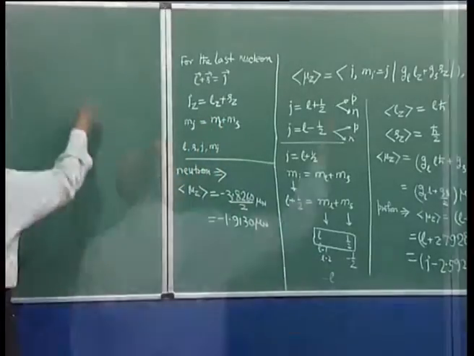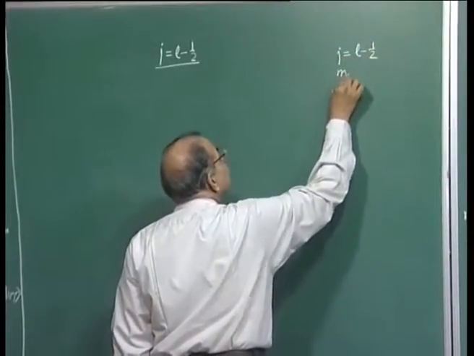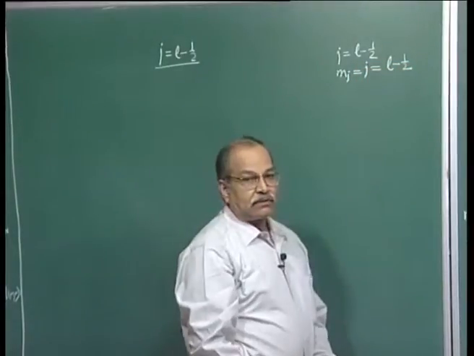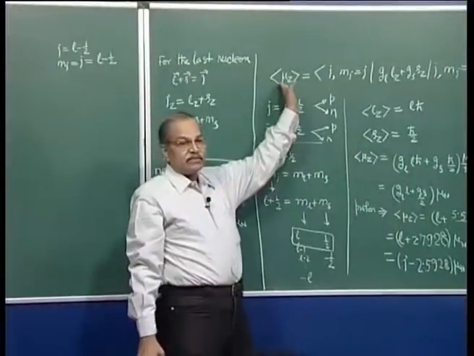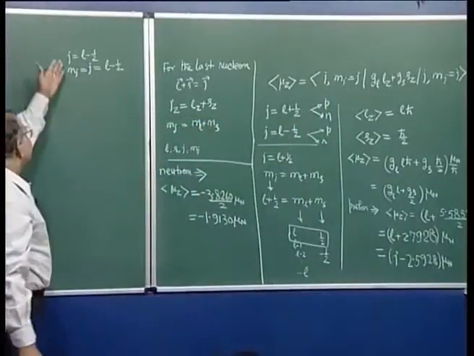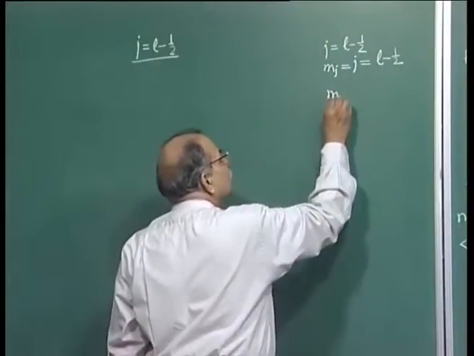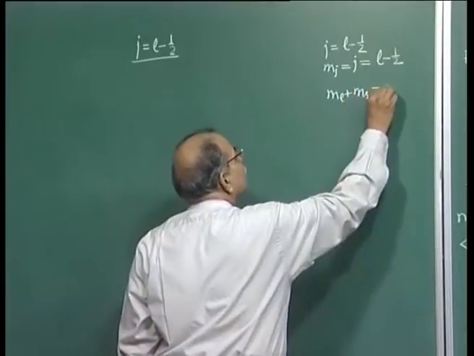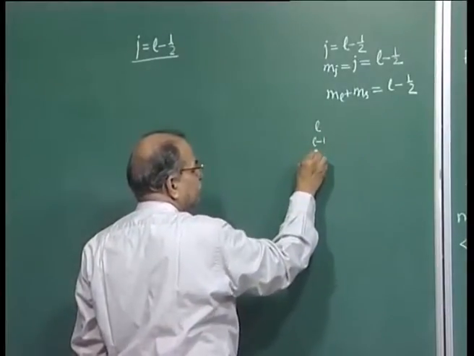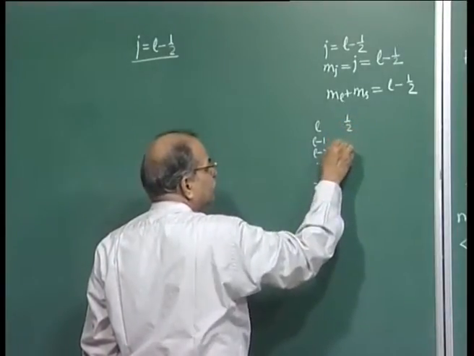This time what I need is that J should be equal to L minus half, and M j, which I am taking as J, should be L minus half. For calculating this expectation value, I am taking M j equal to J, the maximum value. So, M L plus M S should be L minus half.